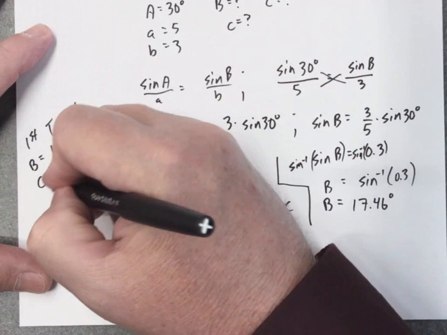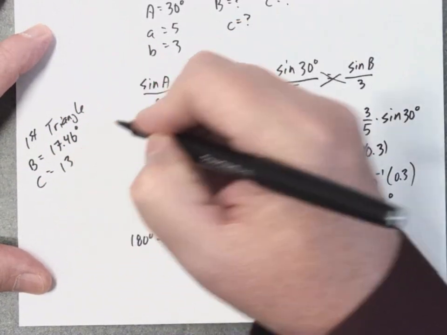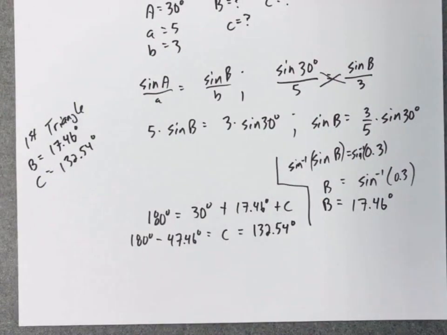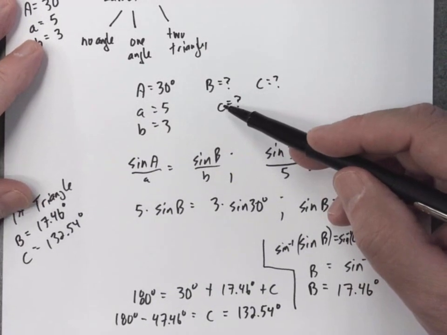So now I've determined for this triangle, angle C is 132.54 degrees.